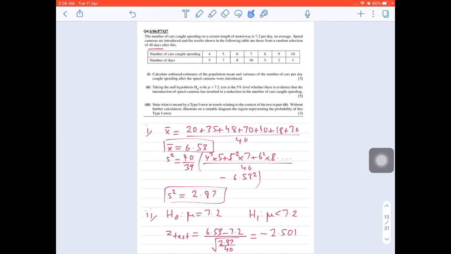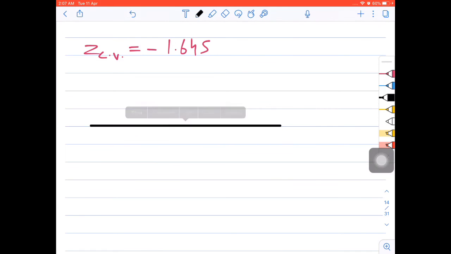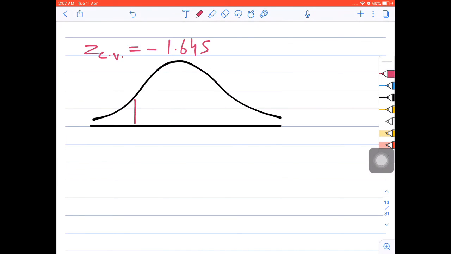Then for the critical value, it's a 5% test. So we'll go to 0.95, and that is 1.645. So the critical value will be negative 1.645. I can show it on a graph as well. So basically we need this value.